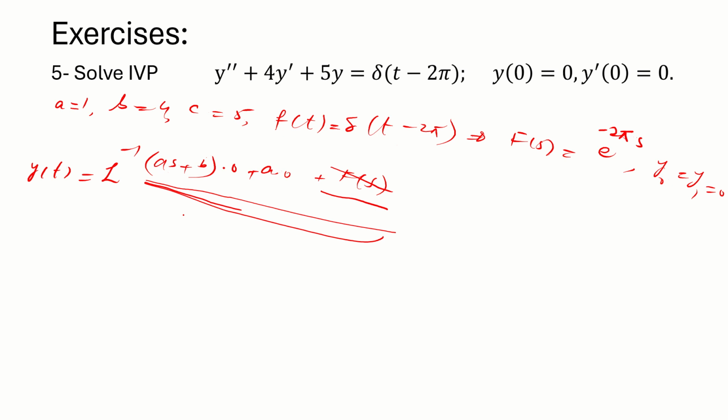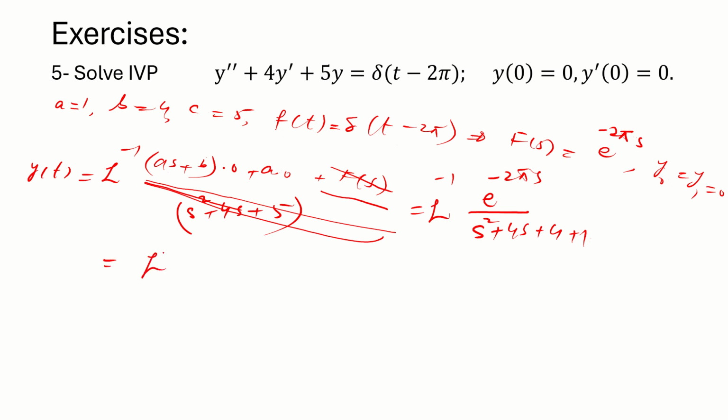So that is s square plus 4s plus 5. So altogether we have the Laplace inverse of e power minus 2 pi s divided by s square plus 4s plus 4 plus 1.